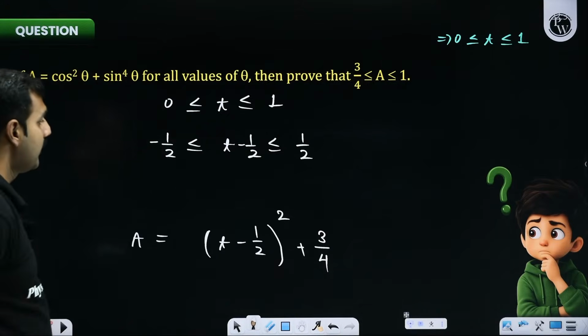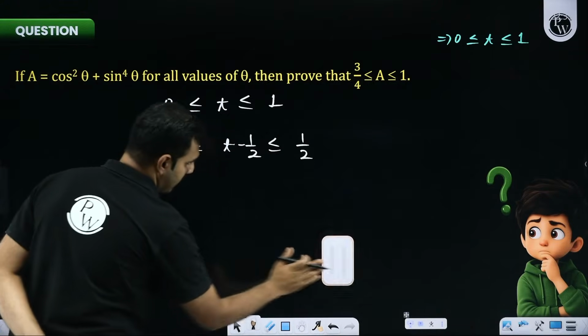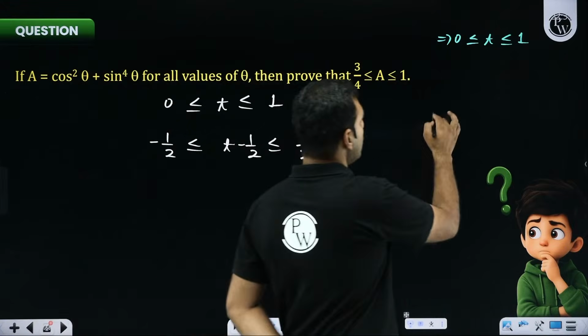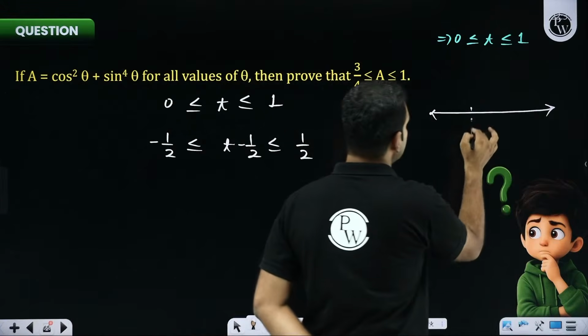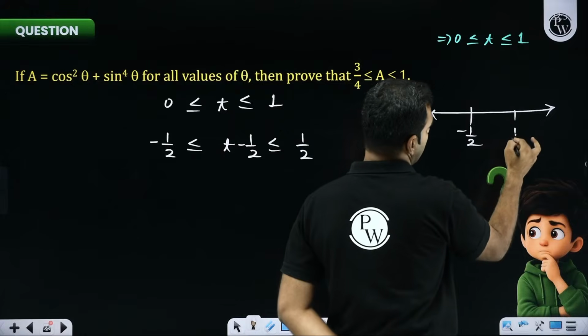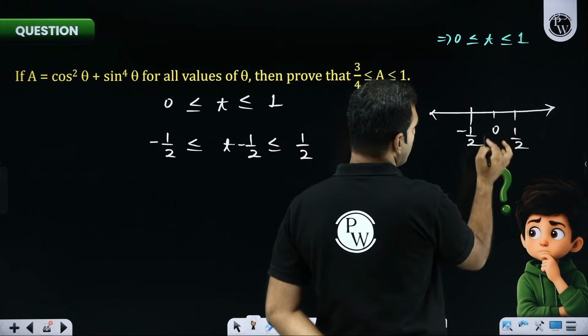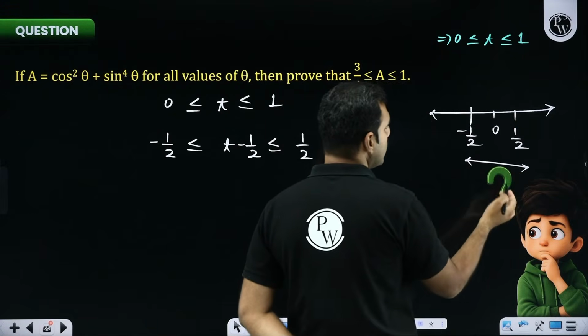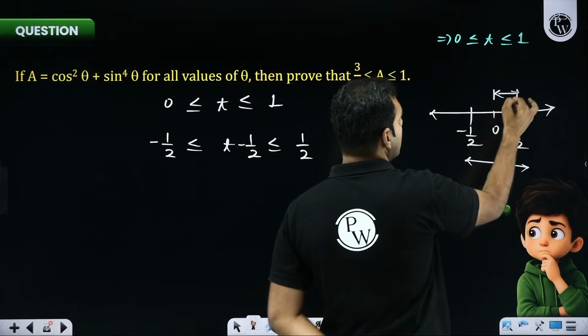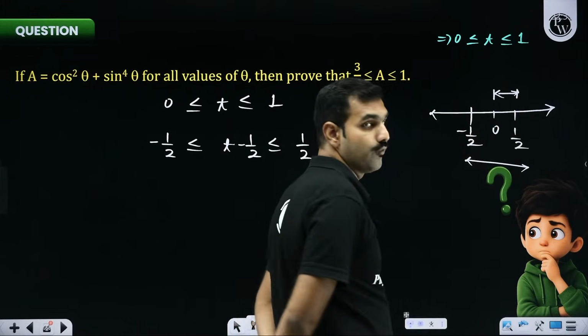Yes or no? What if I square all the three sides? Imagine this in your brain. You have a number which is from minus 1 by 2 to 1 by 2. So if you square all of these numbers, don't you think they will be 0 to 1 by 4?